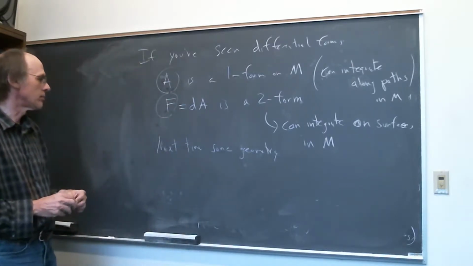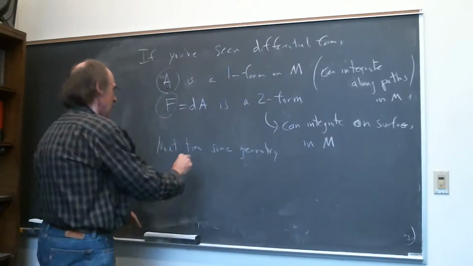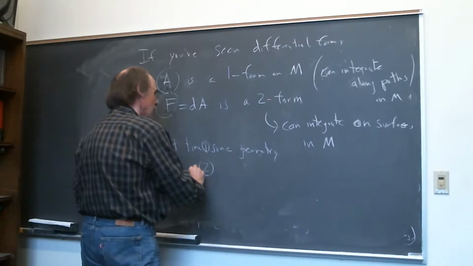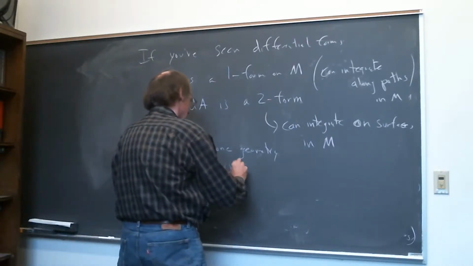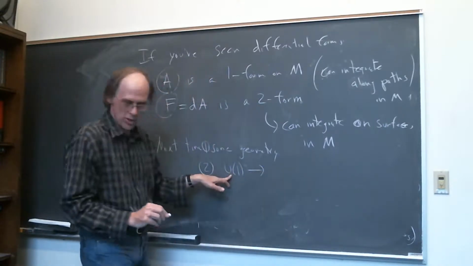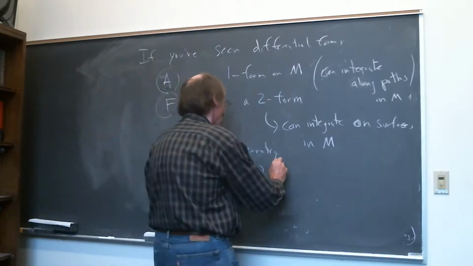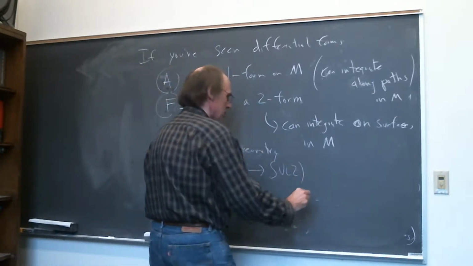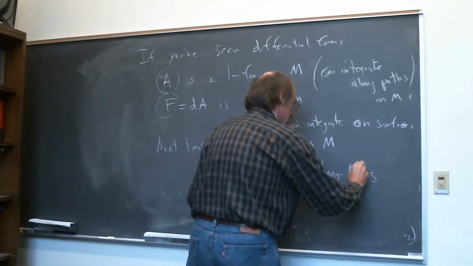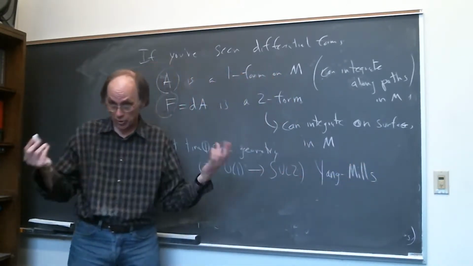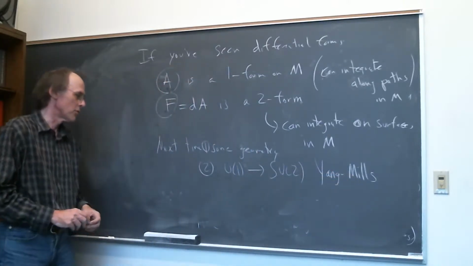Let me say a little bit more about the geometry associated with these, and then the next thing to say is about U(1). We'll take this U(1) gauge symmetry and turn it into a more interesting symmetry, and this is called Yang-Mills theory. So you get a generalization of electromagnetism called Yang-Mills theory, and we'll talk about that.